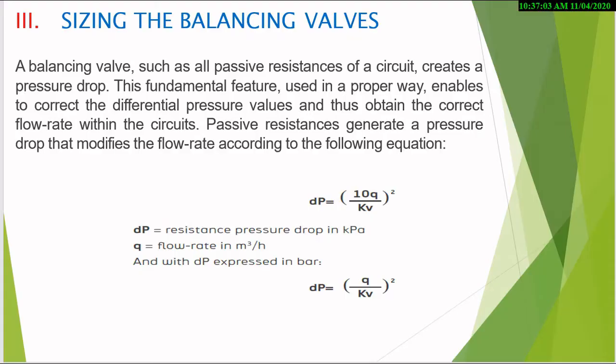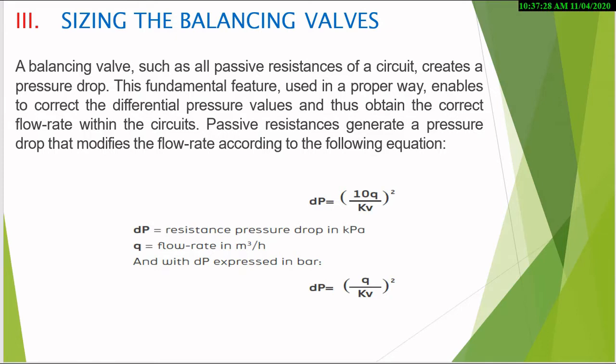Now let us talk about the sizing of balancing valves. A balancing valve, like all passive resistances of a circuit, creates a pressure drop. This fundamental feature, if used in a proper way, enables to correct the differential pressure values and thus obtain the correct flow rate within the circuit.